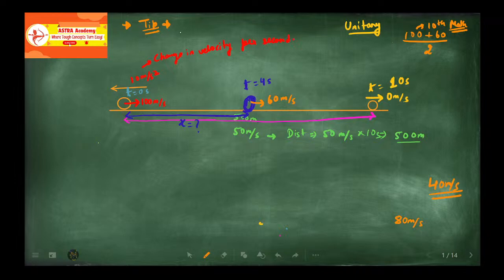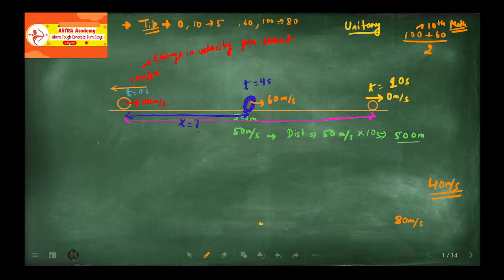Just identify the number in between them. For example, what is the number between 0 and 10? It is 5. What is the number between 60 and 100? It is 80.